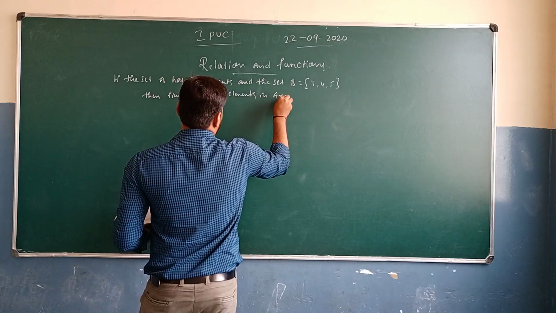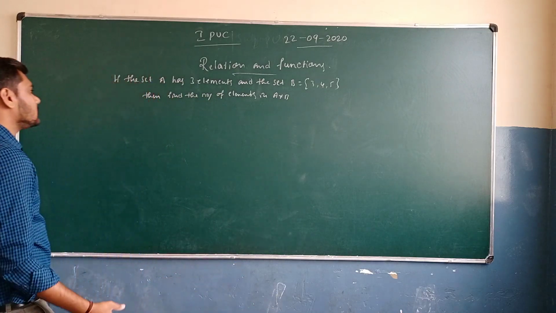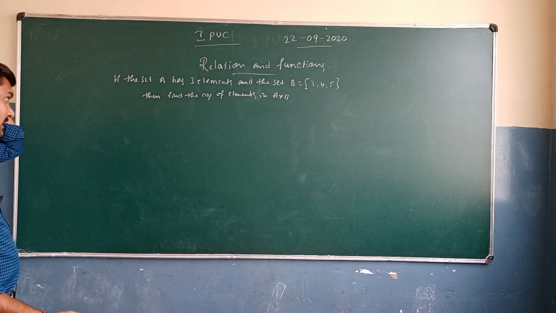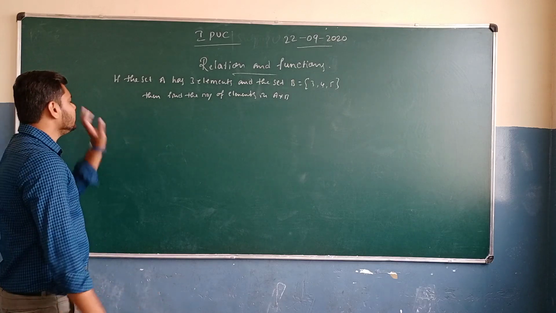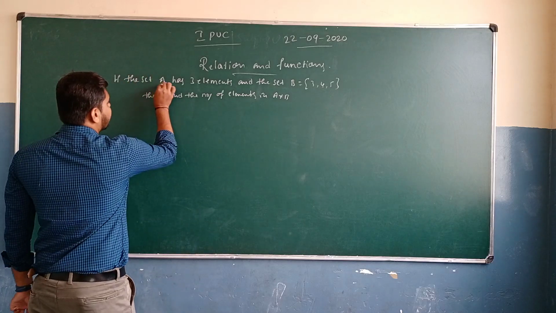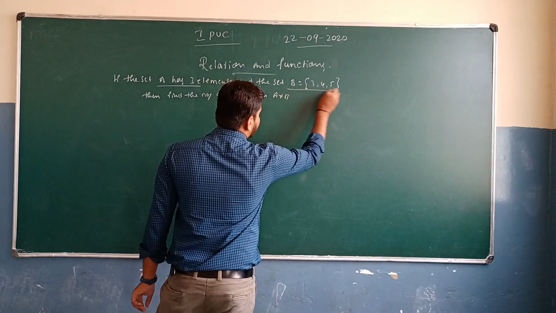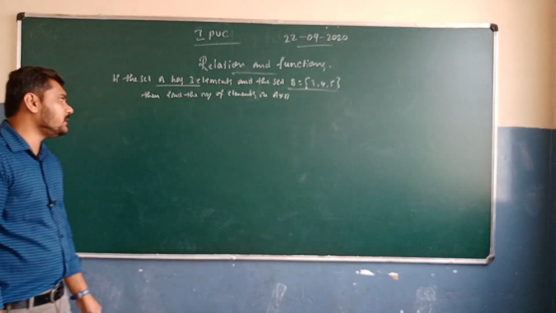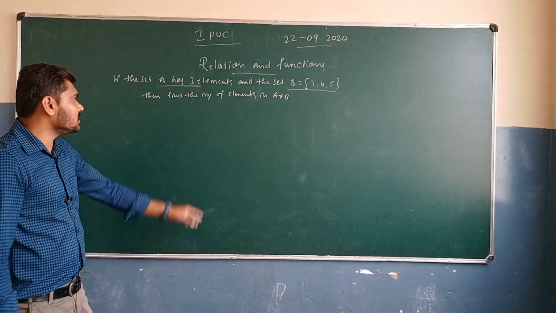So they have given the elements as well as the total number of elements in the given sets A and B. In set A, they have given only that it has 3 elements. We don't know which elements are present in A, but the total number of elements is 3.